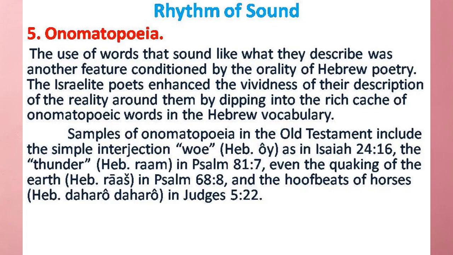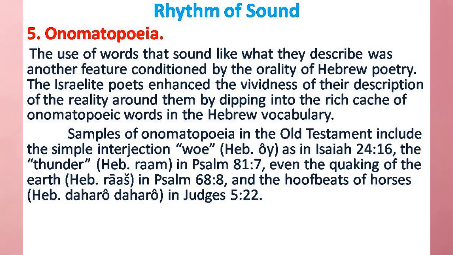The fifth major figure of speech used in Hebrew poetry to give the rhythm of sound is called onomatopoeia, the use of words that sound like what they describe. So this is the use of words that describe how the object is. It was another feature conditioned by the orality of Hebrew poetry.